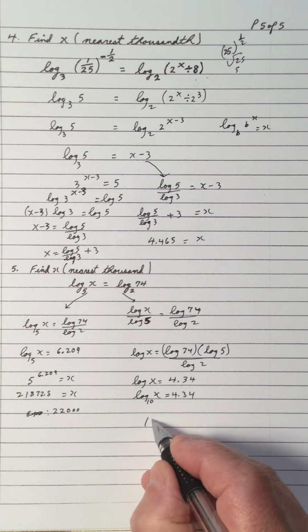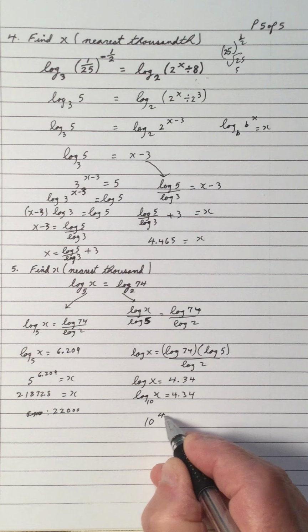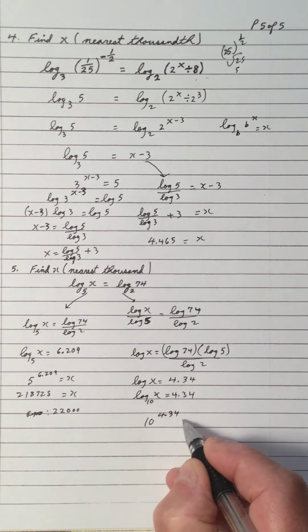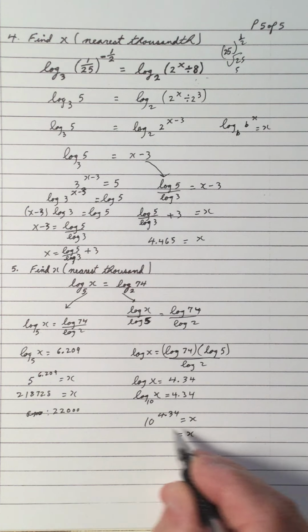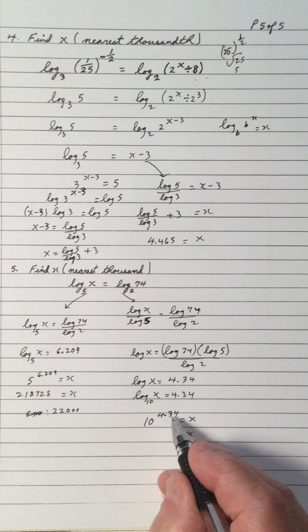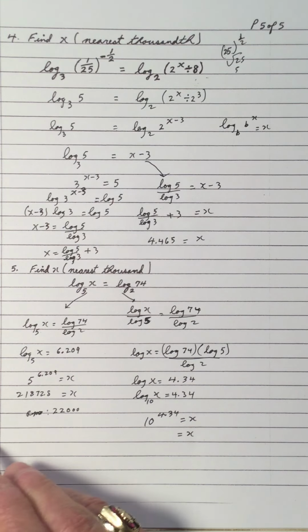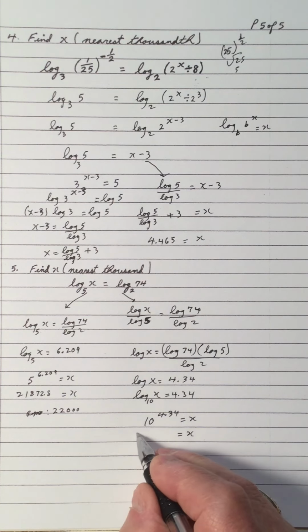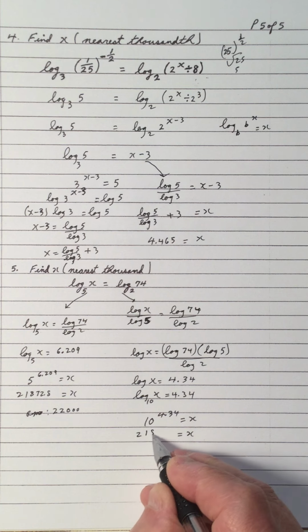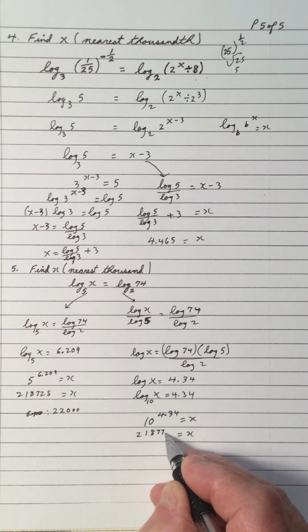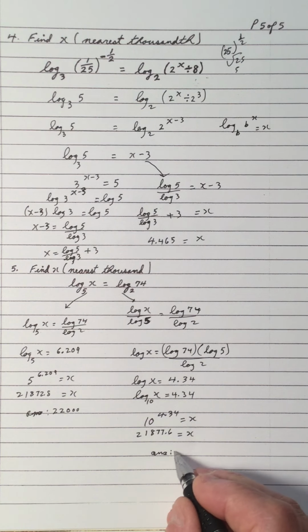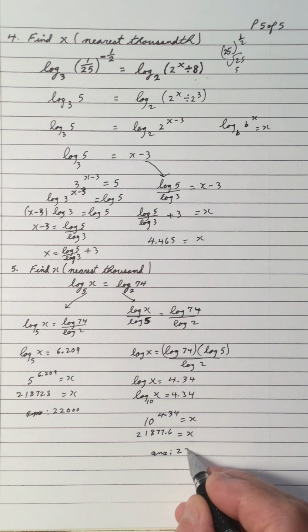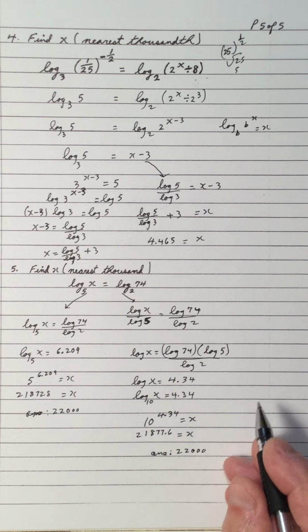So your base is 10, your exponent is 4.340, equals x, base, exponent, number. And so when you take 10 and raise it to that power, you get 21877.6. And again, if we did it that way, the answer to the nearest 1,000 would be 22,000.